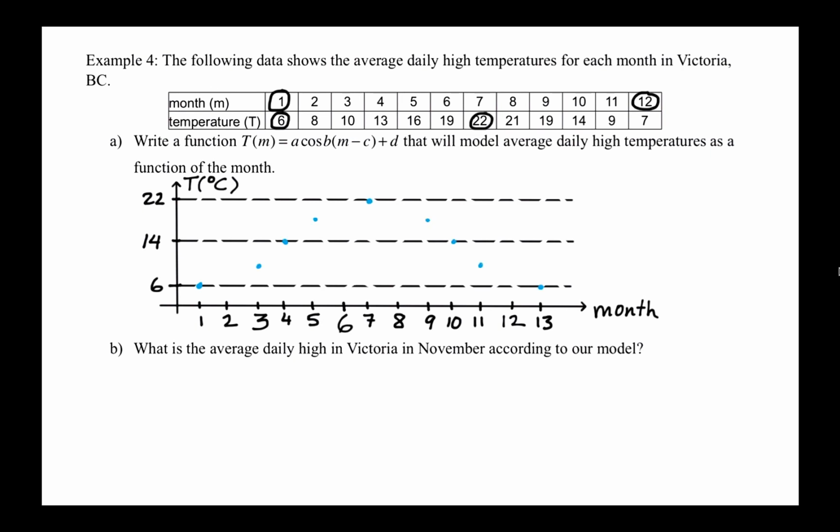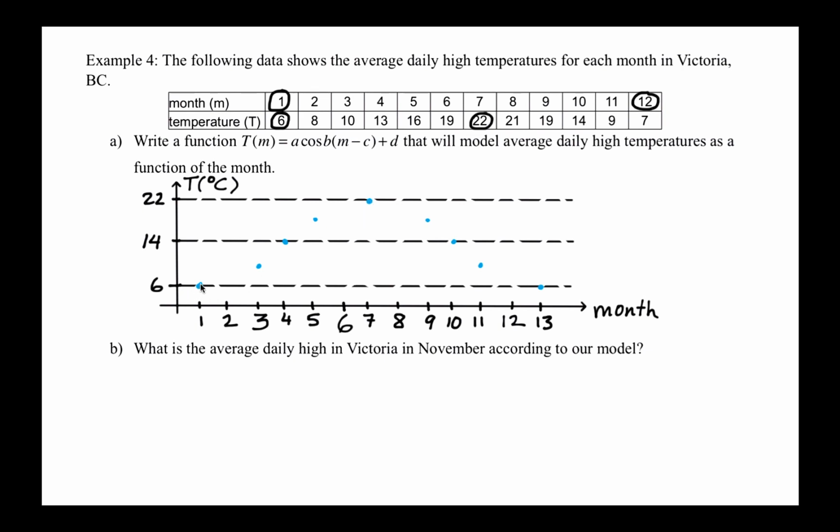And so now what I'm going to do is start from month number 1, temperature is 6 degrees. Month number 13, which would be like January of the next year, we're going to be back down to the same temperature. And I'm going to go 6 months into it. I'm going to be at the maximum temperature, which is 22 degrees Celsius.